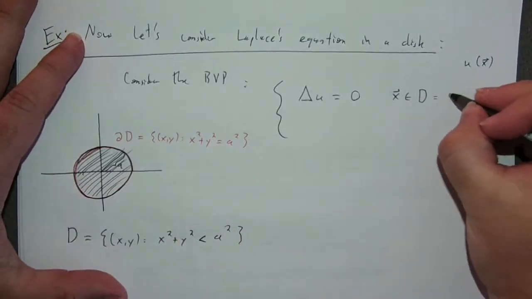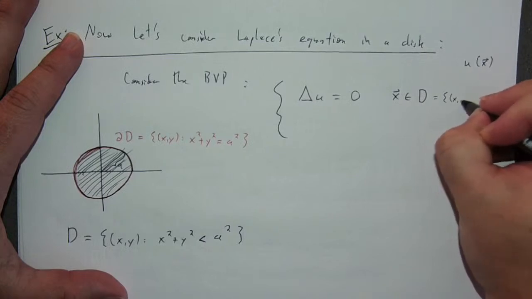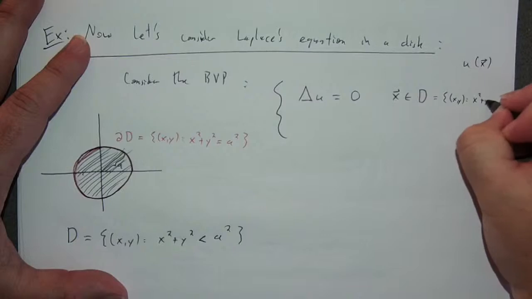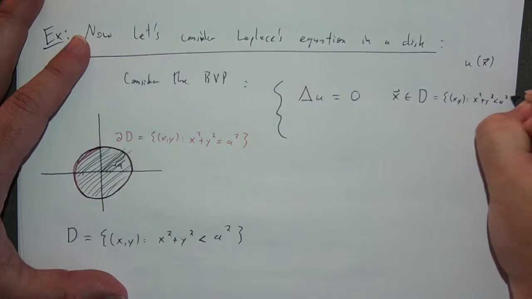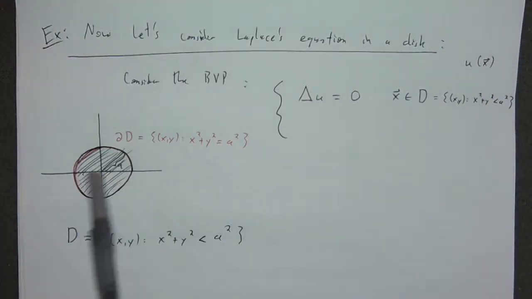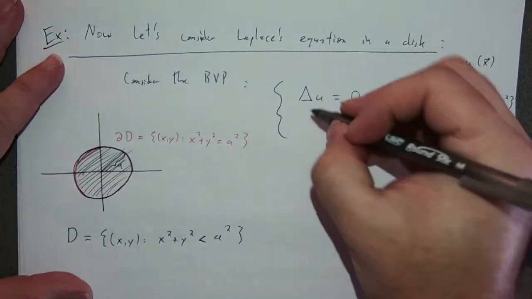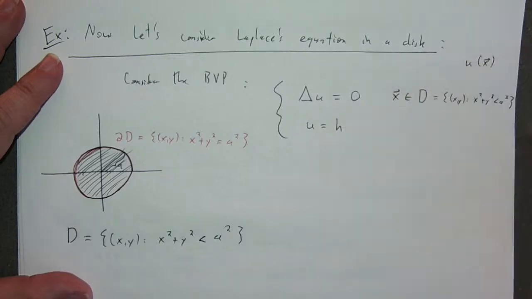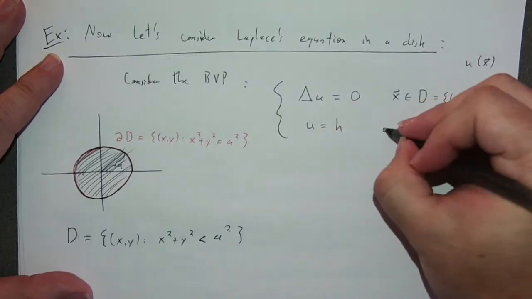So maybe I'll rewrite it here. The set of ordered pairs (x, y) such that x squared plus y squared is strictly less than a squared. So that is the open disk of radius a centered at the origin. And u is equal to some function, we'll call it h, on the boundary.